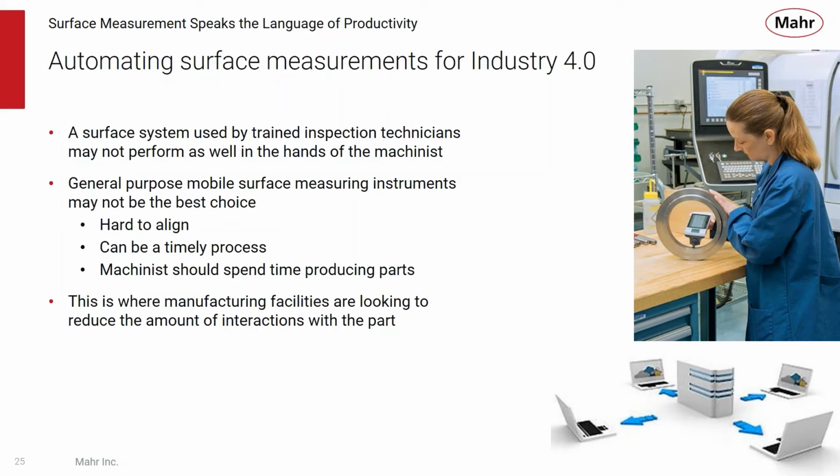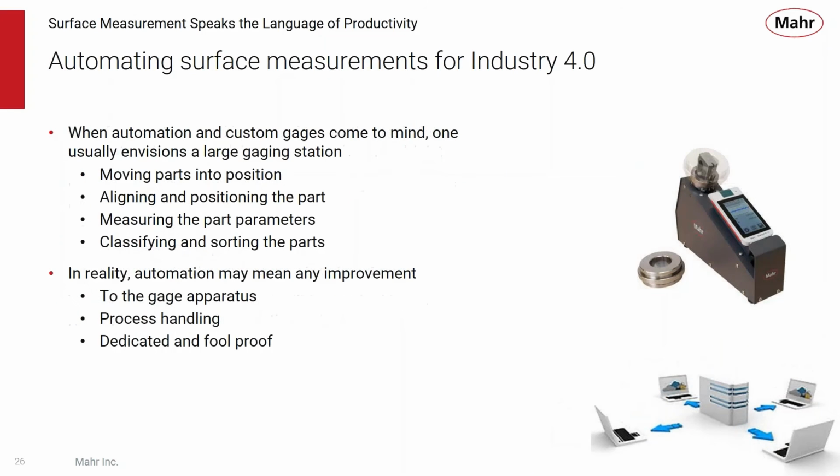And all those steps take away from the machinist manufacturing parts, but that's his primary goal. So this is where manufacturing facilities are looking to reduce the amount of interactions with the part. And we can start helping that by making dedicated surface finish tools.